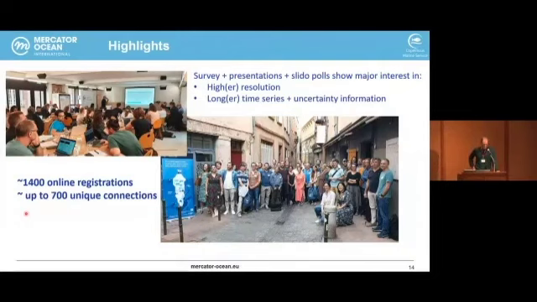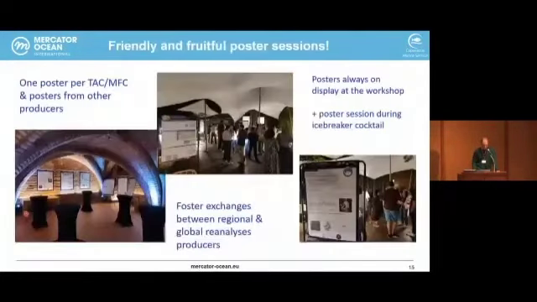In terms of registration, we had more than 1,000 registrations, so we are very happy about that. And we also tried to encourage discussions, and we had the poster session in different places, even during the cocktail session, etc. We had posters twice, in two places, to encourage all this discussion.